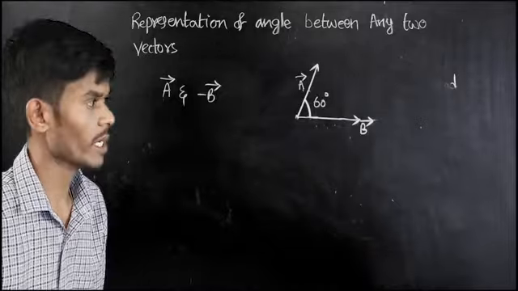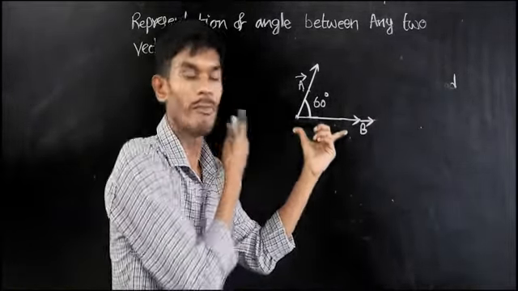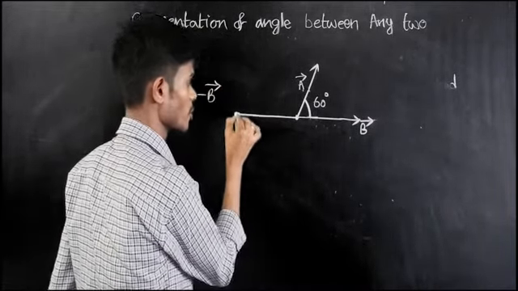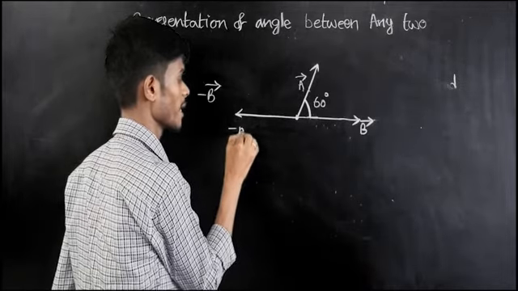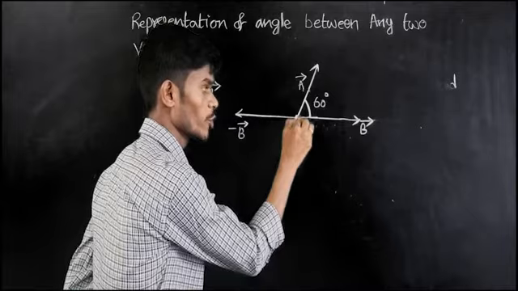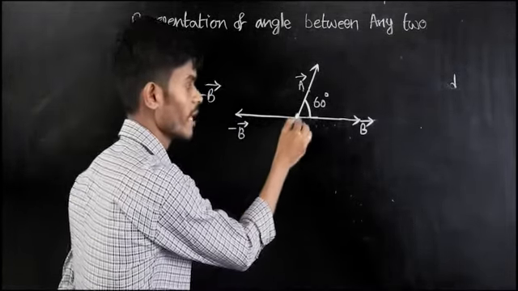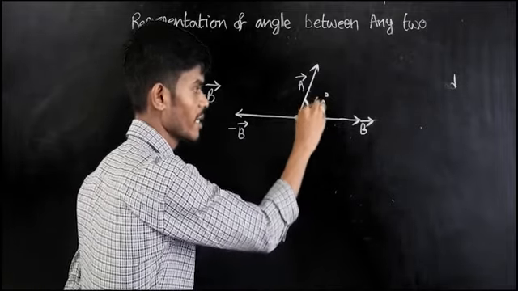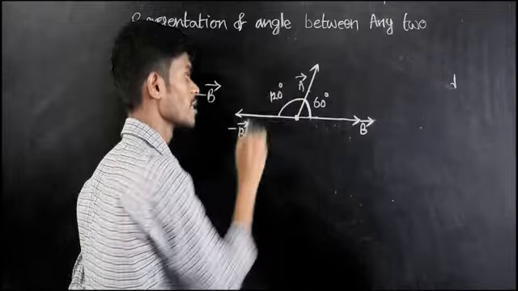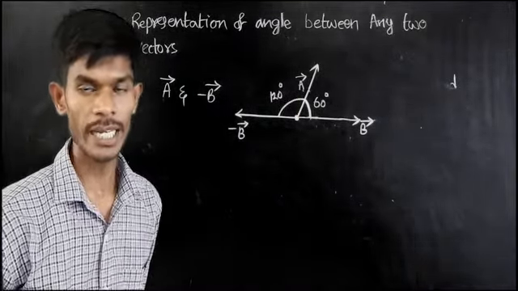Minus b bar means the opposite of b. This is b bar; if you change the direction without changing the magnitude, it becomes minus b bar. Here again we should check whether the tails coincide. If they coincide and the angle is 60 degrees, then the angle here is 120 degrees. The angle between a bar and minus b bar is equal to 120 degrees.